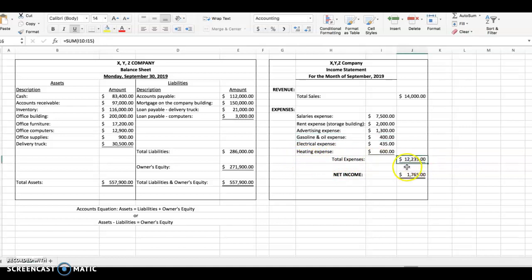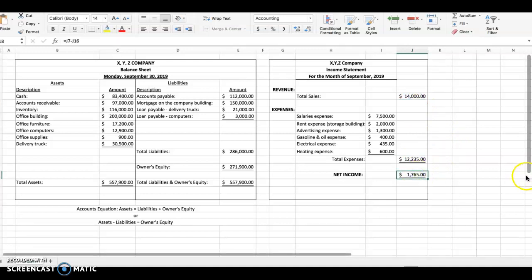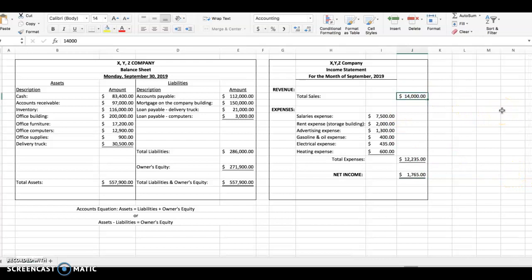Total expenses, here is the addition of these numbers. And when you subtract total expenses from total sales, you get the net income. Now, if total sales had been 4,000, obviously we would have lost money, and then obviously not a good thing. So that's important to understand how that works.